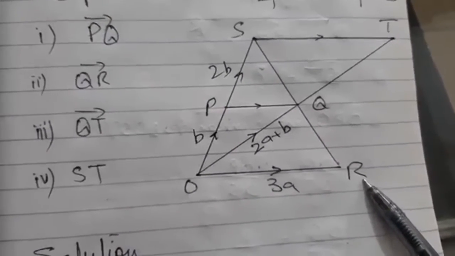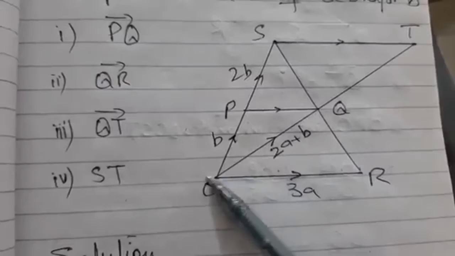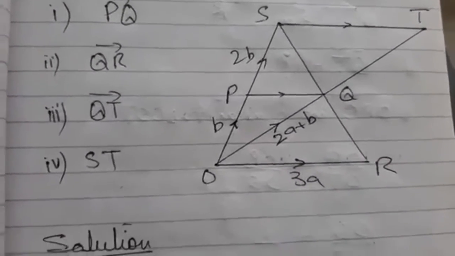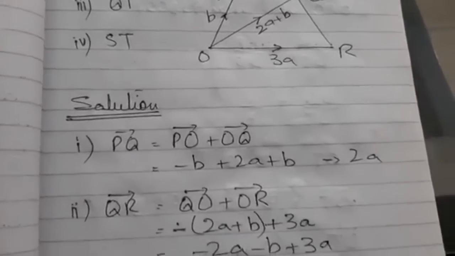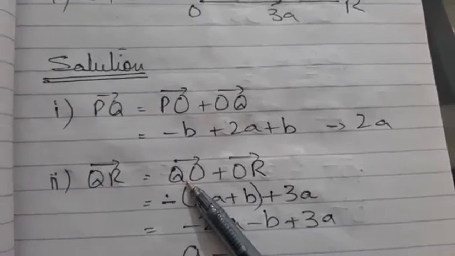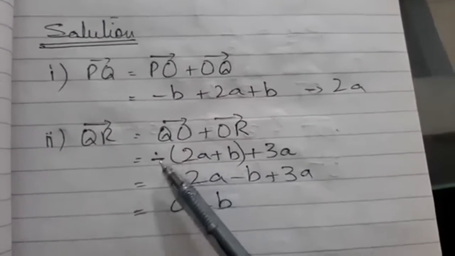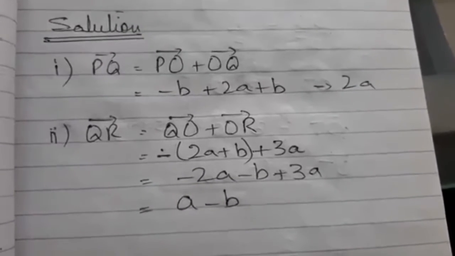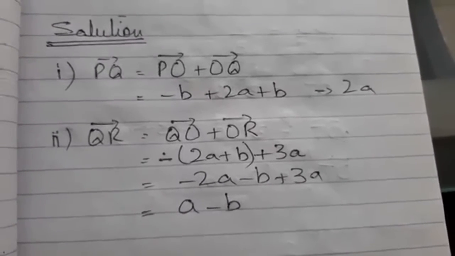So can you think what you will do? To find out QR, you will do this, QO plus OR. I'm taking help of the diagram right now. So QR is QO plus OR. Because OQ is given to you in the question, QO will be the opposite direction, so minus sign, simplification, and you get A minus B, right?